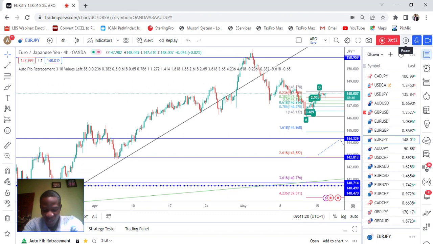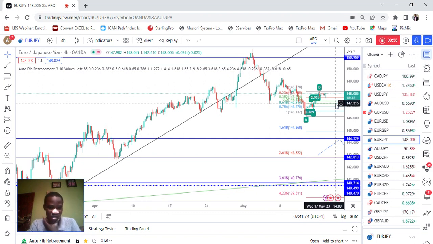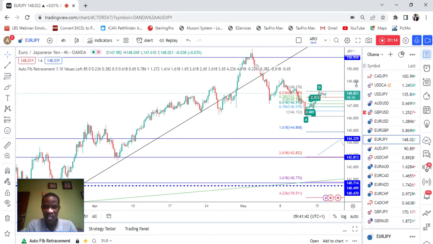As you can see, on this present chart we are on Euro JPY. On this particular currency, you can see the present trend of this market.